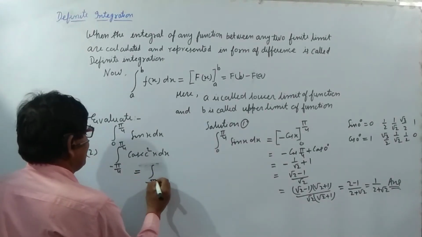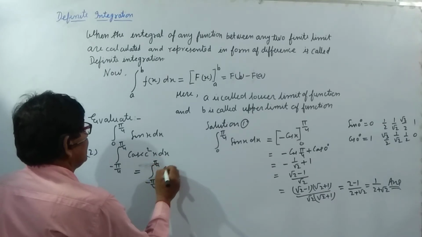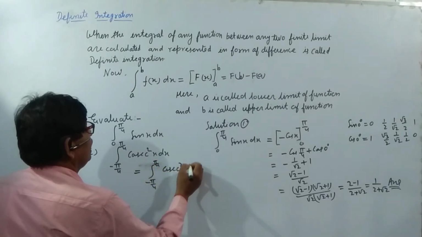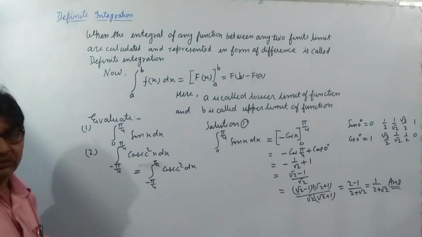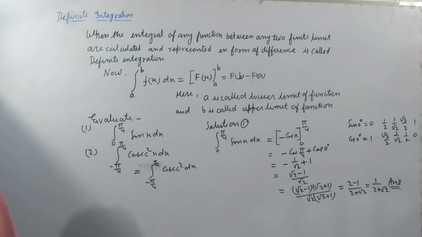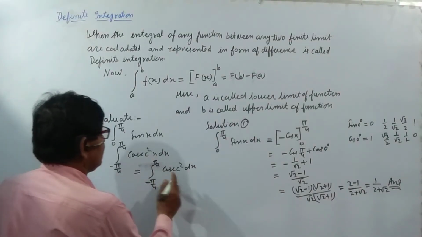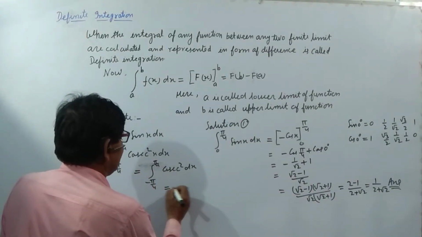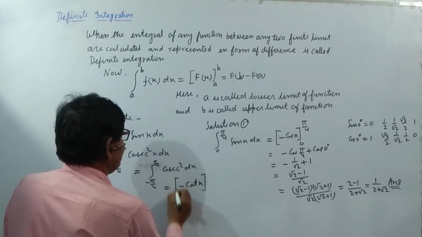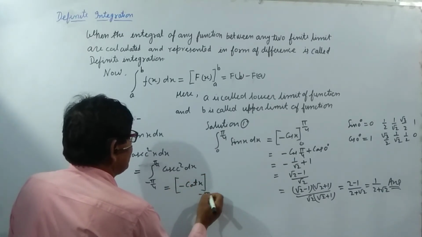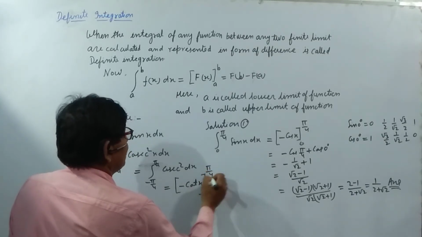As you know, the integration of cosec square x is minus cot x. This can be written as minus cot x, with limits minus pi by 4 to pi by 4.